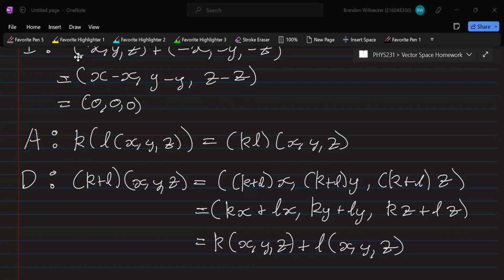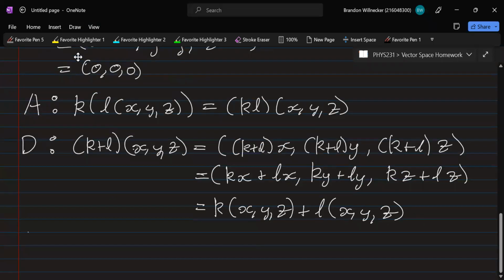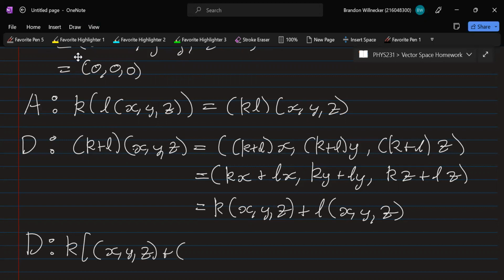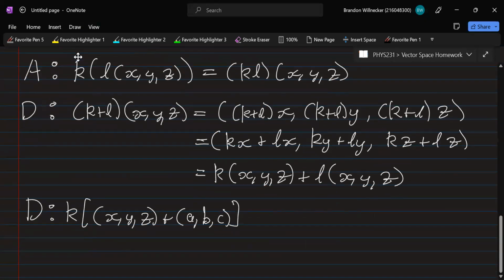Okay, for the next distributivity, that is if we have k and then two vectors, so let's say (x, y, z) plus (a, b, c). Okay, so what we can do is add the vectors together.